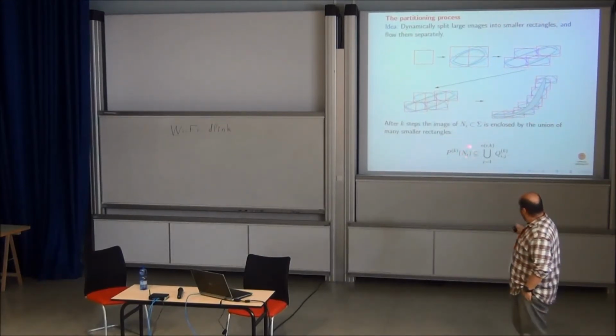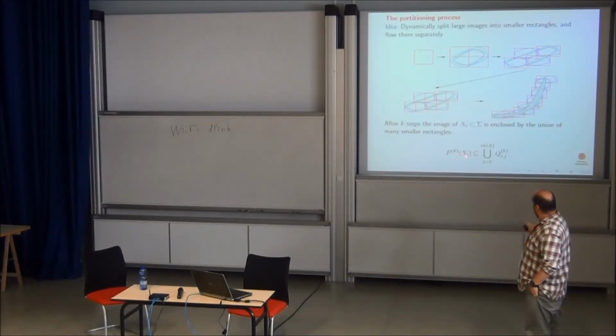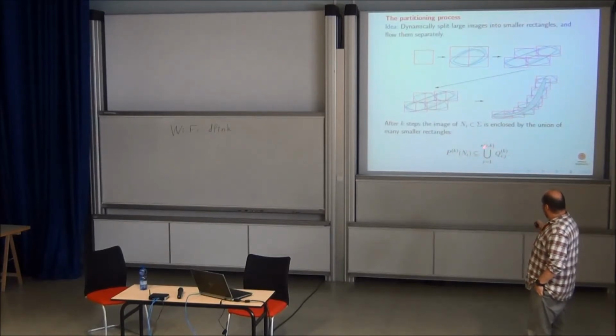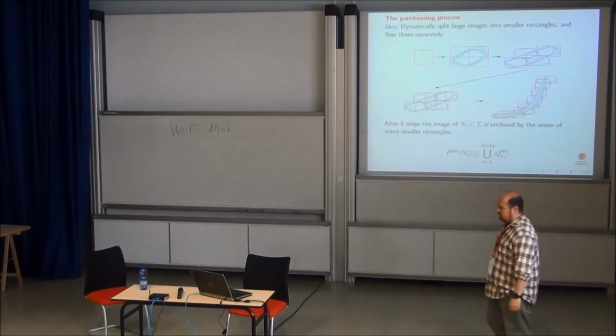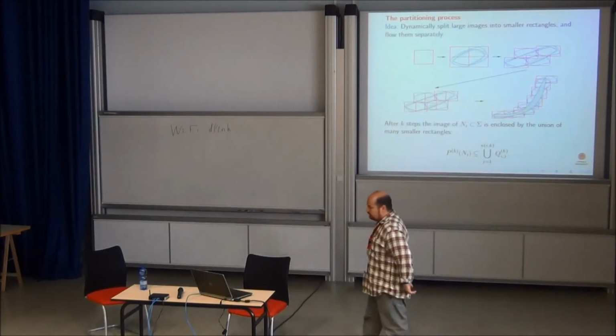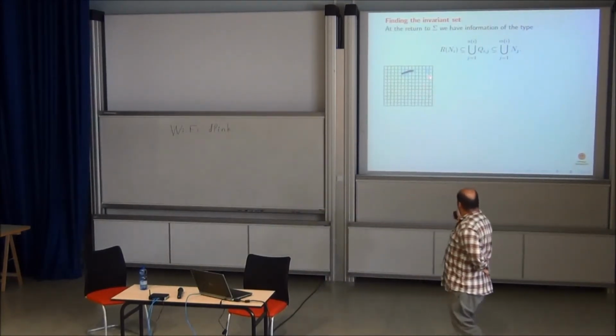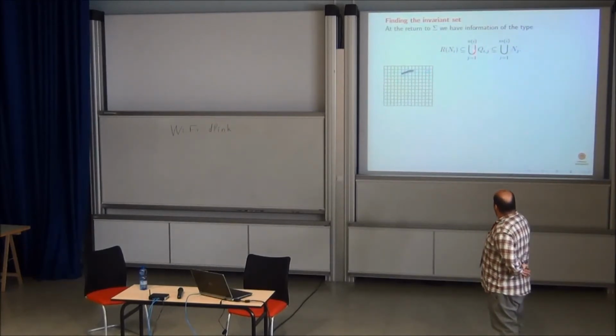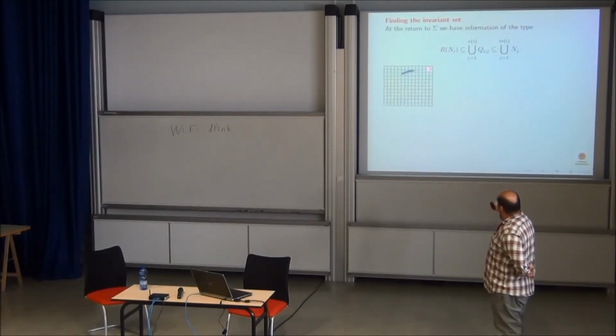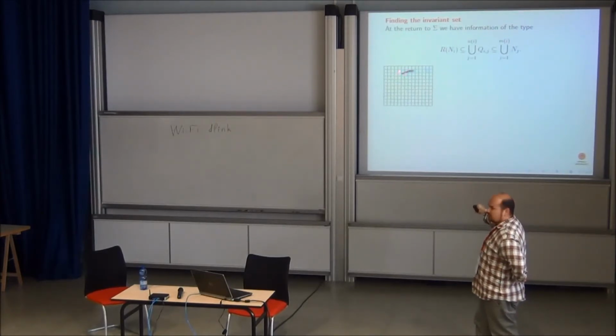So I take one of these small rectangles and I compute and represent it as lots of smaller images. So after a full return, I come back as a union of many small boxes. I start with this light blue box, taking a fixed grid here. I come back with all of these grey boxes, and then I find all the boxes in my grid that are necessary to cover that.